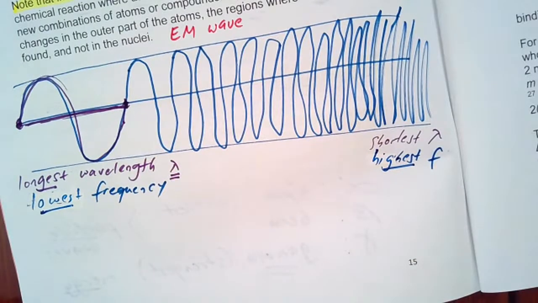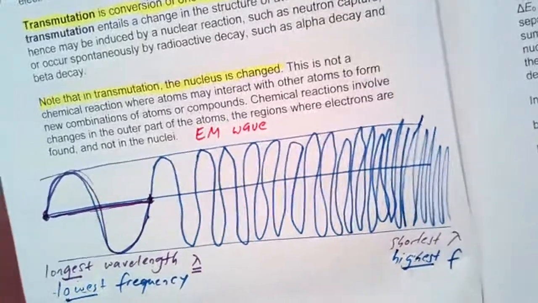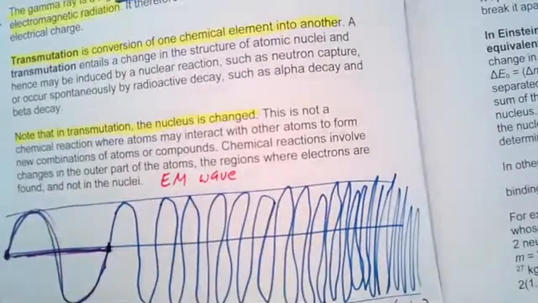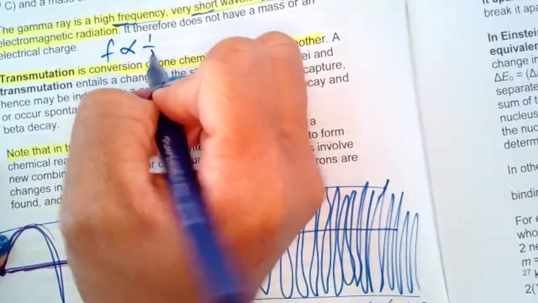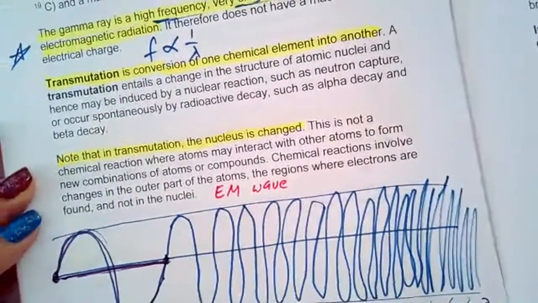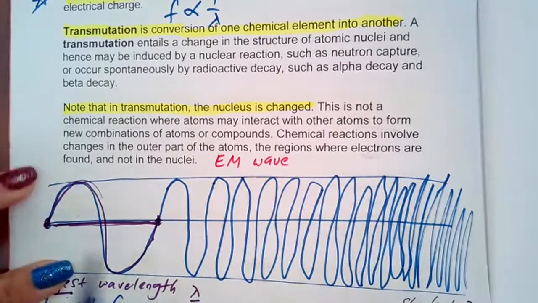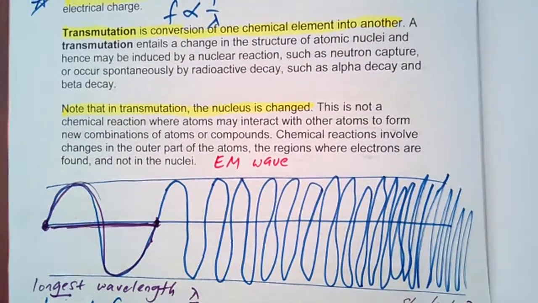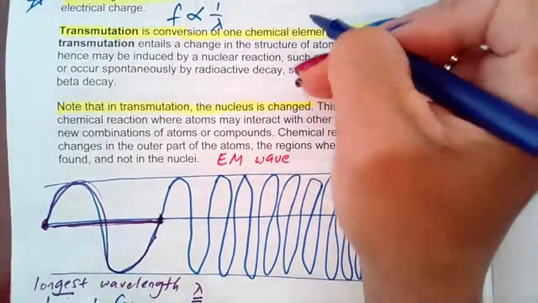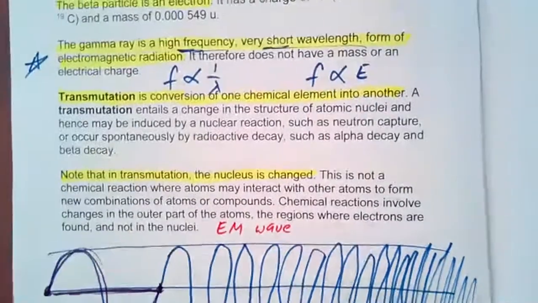So we could say then that the relationship between frequency and wavelength is that the frequency is proportional to 1 over lambda, meaning that the longer the wavelength, the lower the frequency. We could also now add here that frequency is proportional to the energy of the wavelength.